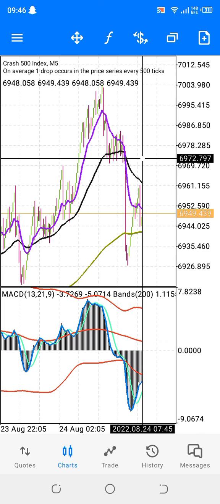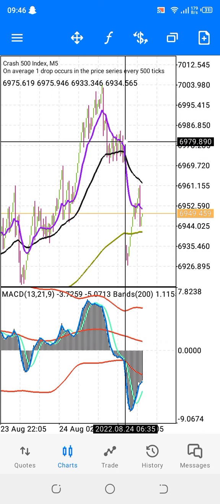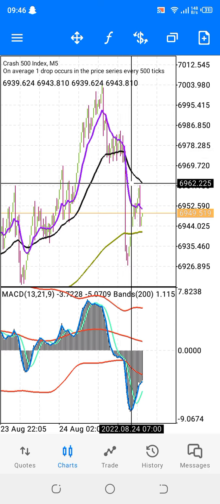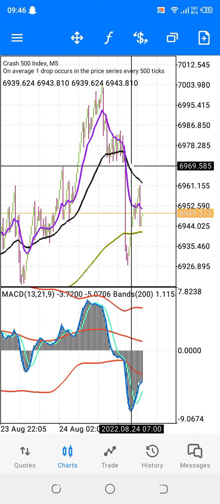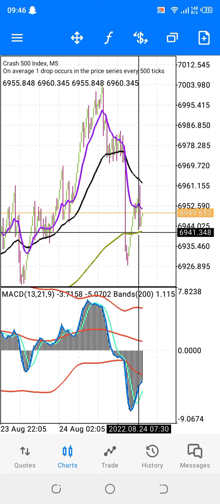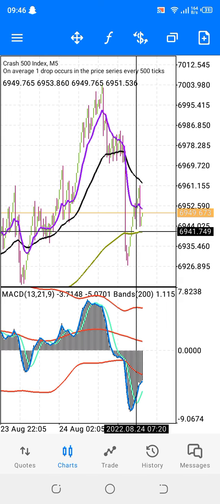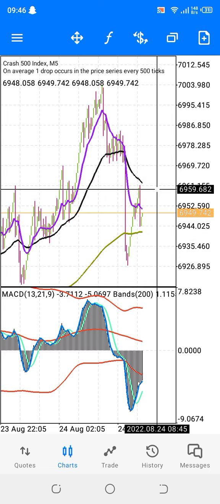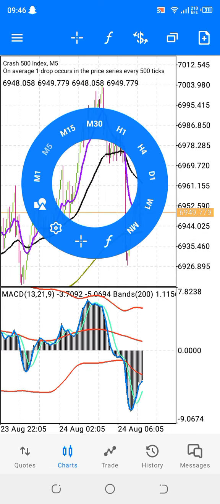On my first window, my chart, as I said, you must always have the 200 moving average just to define the trend. And sometimes it's good to shift to the 1 hour time frame, because I'm trading on a 5-minute time frame.